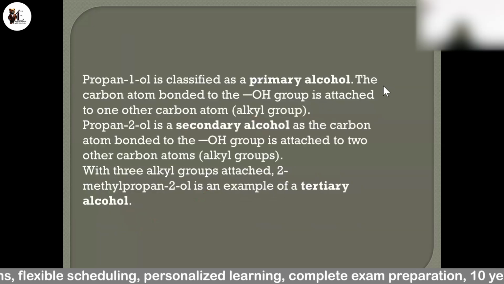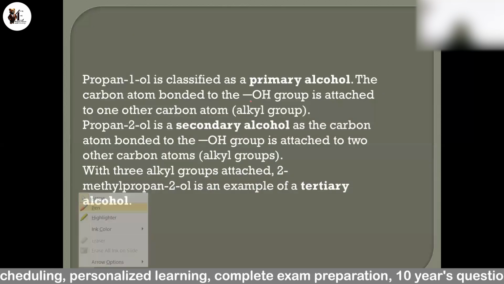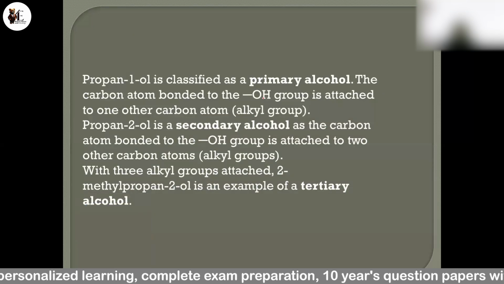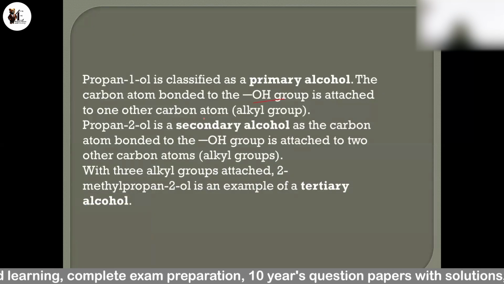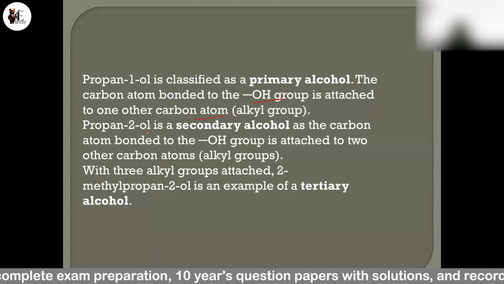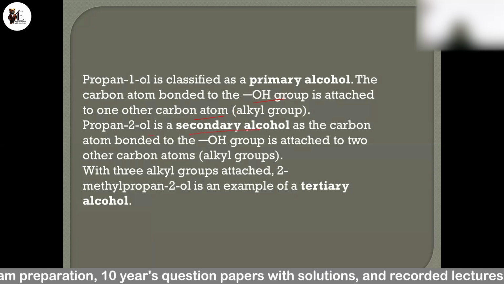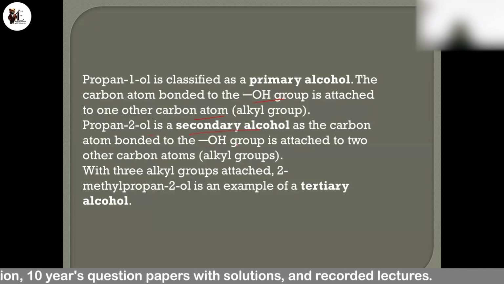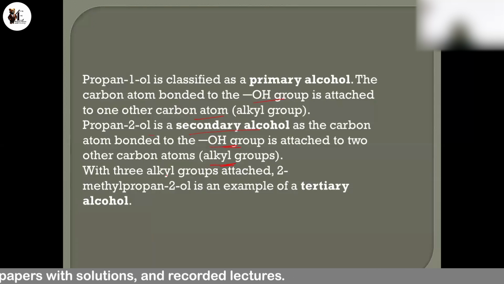Okay, so here propanol is classified as a primary alcohol because the carbon atom bonded to the OH group is attached to one carbon atom, an alkyl group. Propan-2-ol is called a secondary alcohol because the carbon atom bonded to the OH group is attached to 2 other carbon atoms, alkyl groups. But if you have 3 alkyl groups, alkyl may be anything, methyl group, ethyl group, propyl group, then it is called a tertiary alcohol.